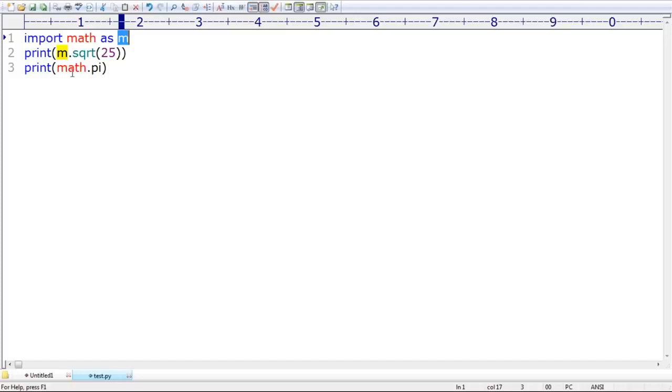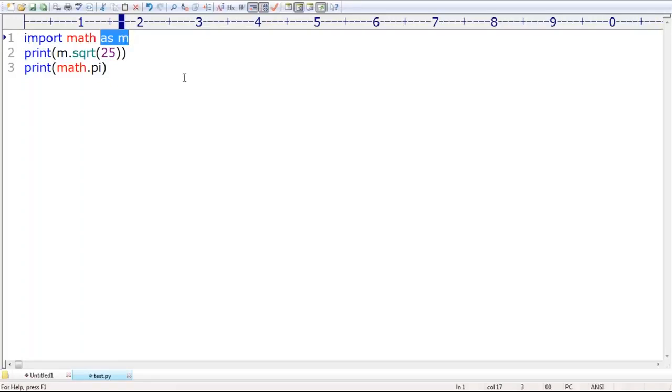If you want to use math, then why did you create an alias name? Python will get confused. That's why, once we create an alias name, compulsorily in the program we should use the alias name only. There is no chance of using the original name. Clear? That's all about how to create an alias name.